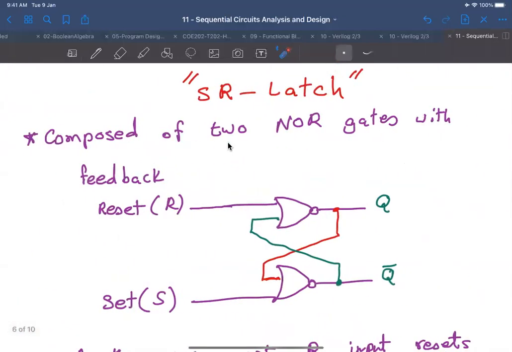So let's start with the simplest latch, which is the SR latch. But instead of starting with this structure here, I will show you where it comes from. There is what we call a feedback. But before I show you where it comes from, I want to discuss the functionality first.